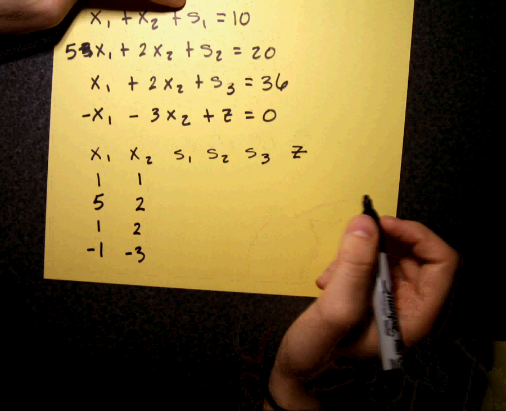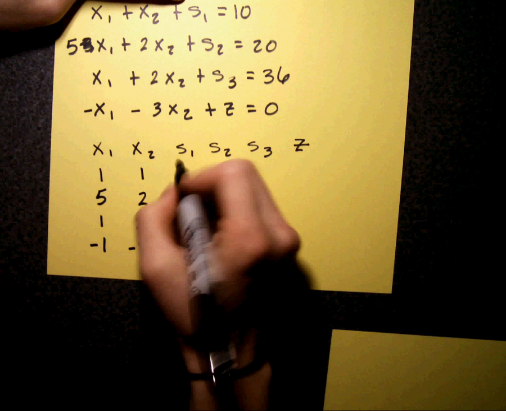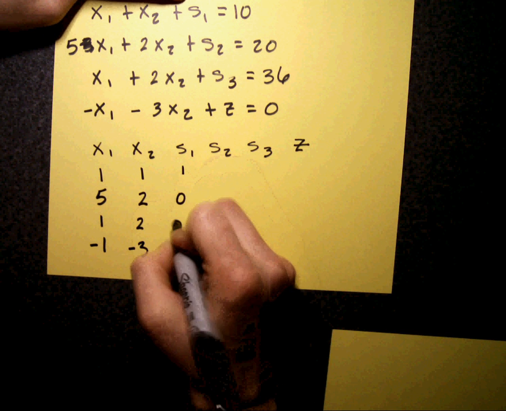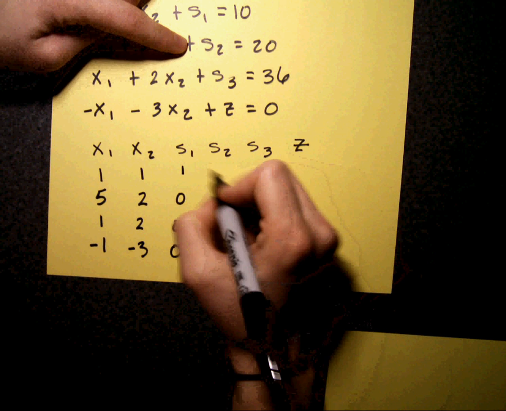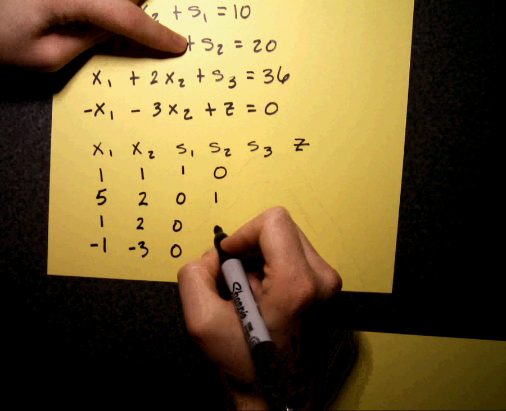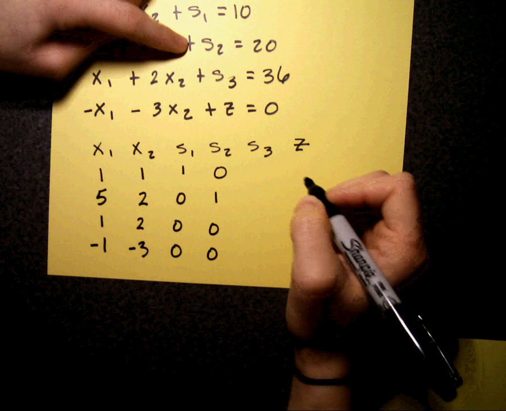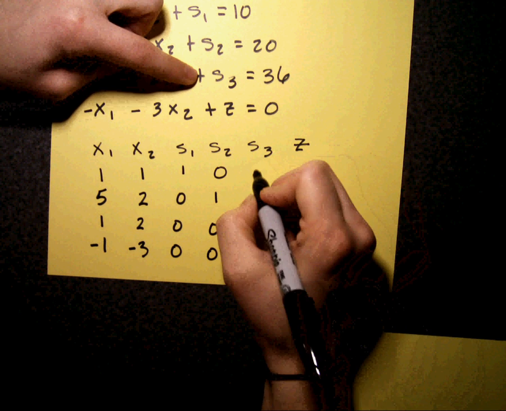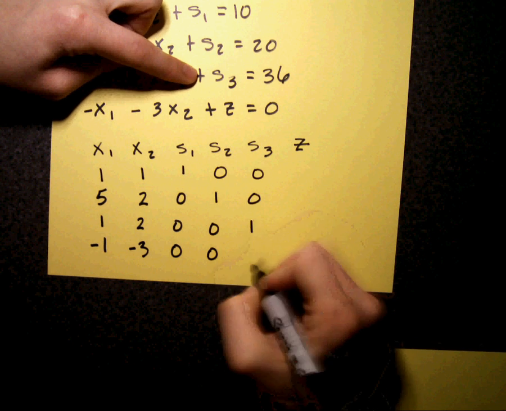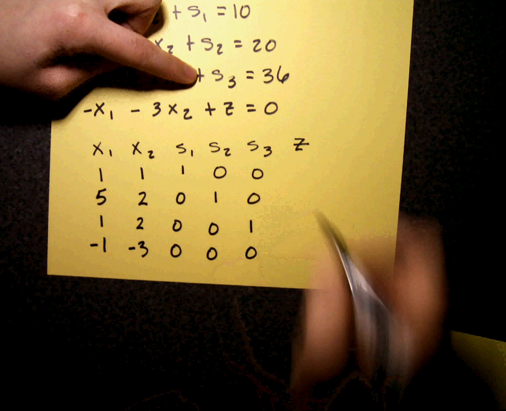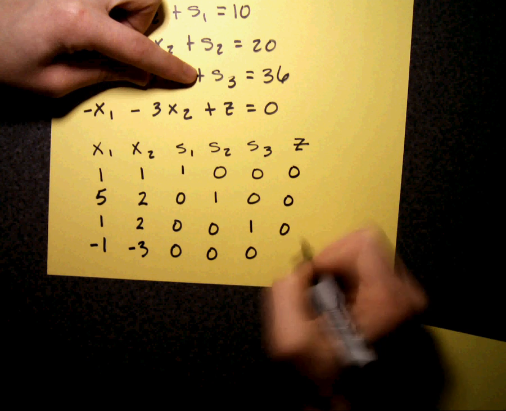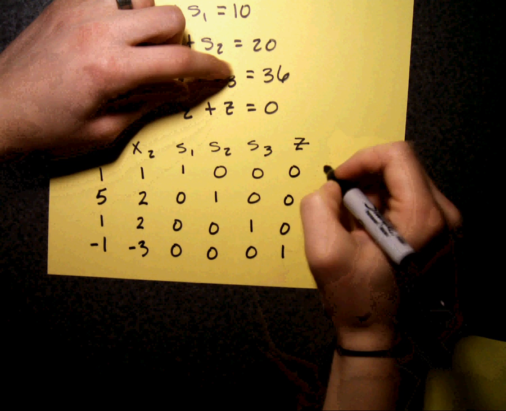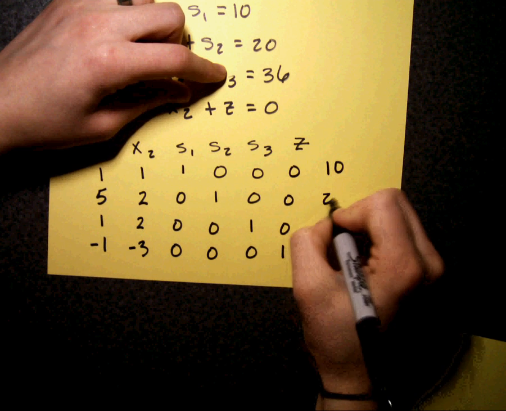S sub 1 is only in the first equation, so I'll have 1 and then zeros down. S sub 2 only appears in the second equation, so I'll have 0 and then 1 in the second row. And then likewise for S sub 3, it's only in the third. And then z only appears in the last. And then my constants.